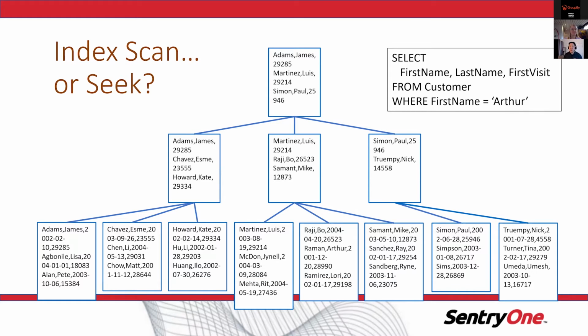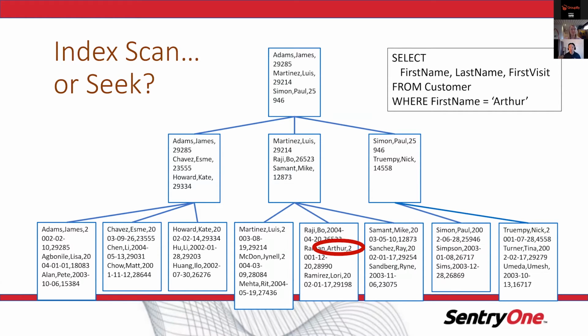Now, in this example, I've changed the predicate slightly. Remember that the non-clustered index is defined as last name, first name. And in this example with this T-SQL query, I'm going to query where first name is equal to Arthur. However, I don't know what the last name is. I just want all records where first name is equal to Arthur. Is it possible for me to navigate this tree to find Arthur?